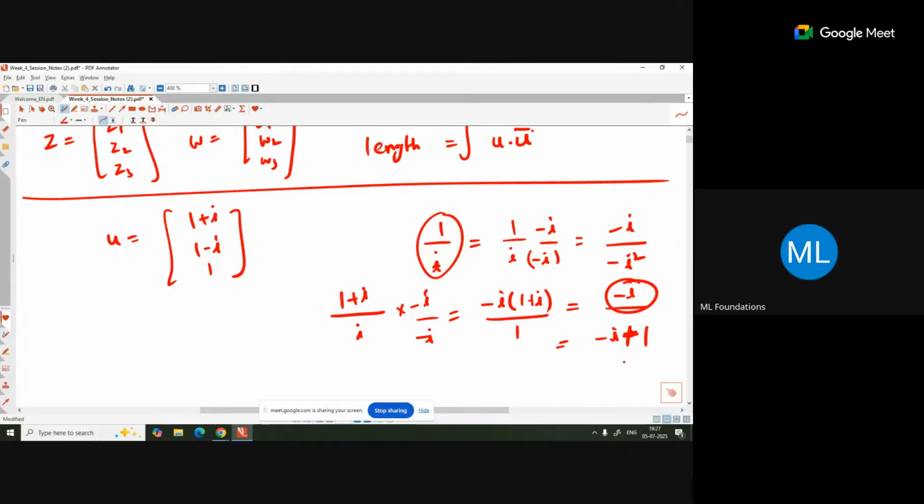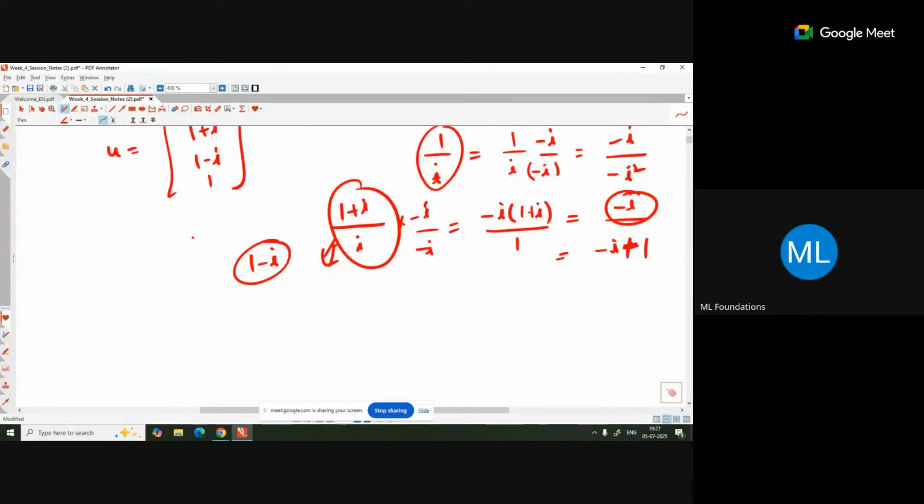So minus I plus 1, this quantity I can write as 1 minus I. But in our vector it is not there. So the approach here is to multiply with its complex conjugate.